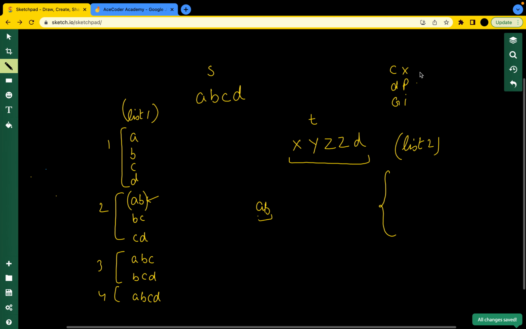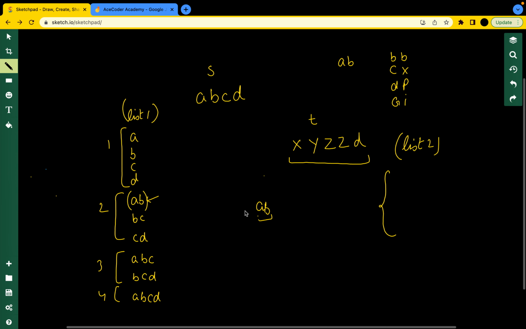And let's consider another one also, which is BB. So these are the substrings that we found in list 2, and in list 1 we are currently at this particular index and the substring is AB. We will compare this AB with BB, and then next CX, DP, GI.